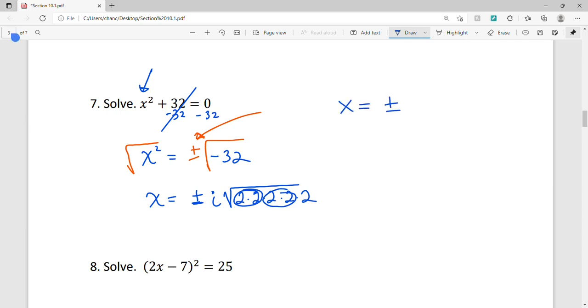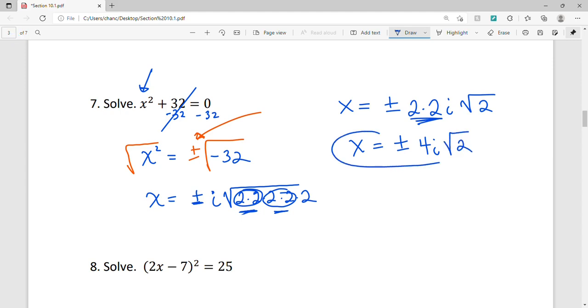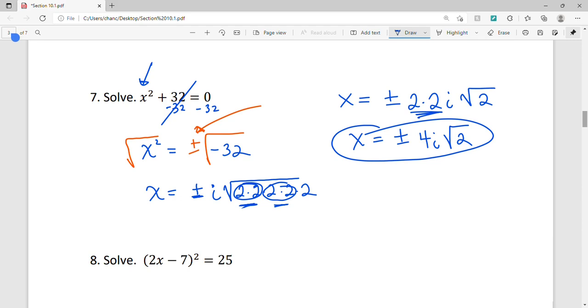We have a 2 times a 2 for each of these pairs, and inside we have a 2. So this can be simplified as plus or minus 4, because 2 times 2 gives me 4, for i root 2. And so we do have two solutions, negative 4i root 2 and positive 4i root 2.